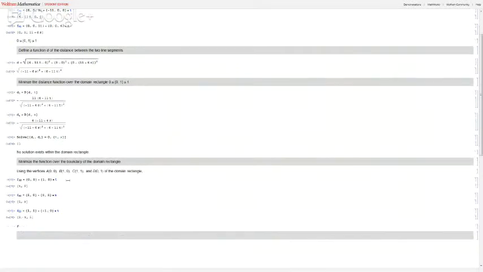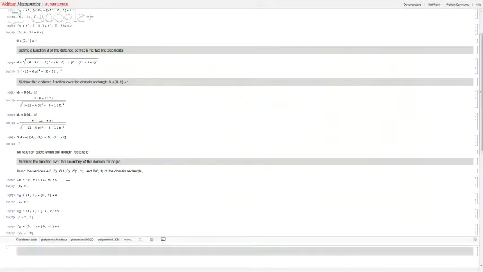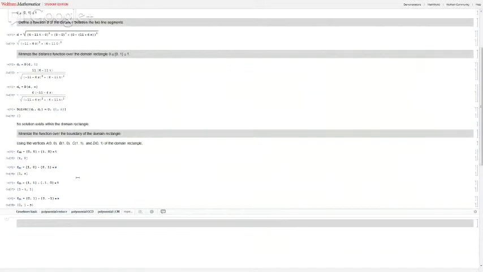And I have a function of DA equal to the point D plus the vector DA, which is 0, negative 1, times the parameter s. Alright.